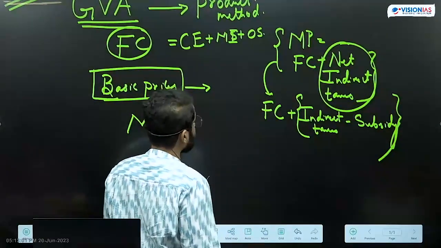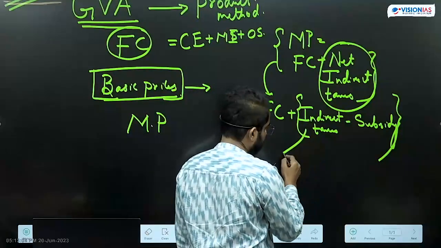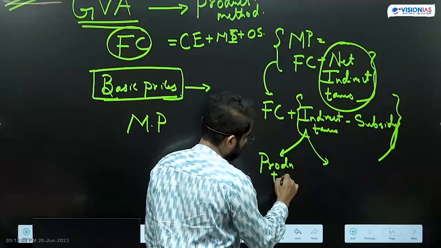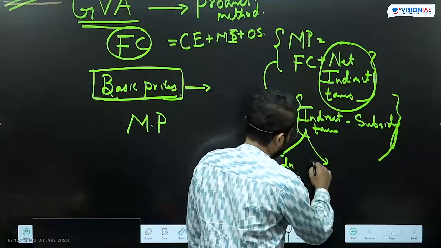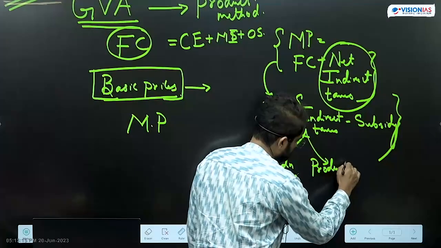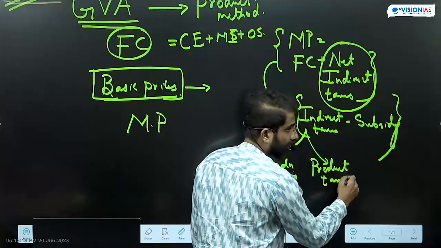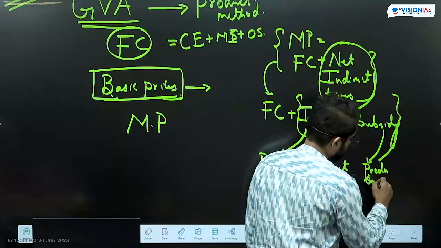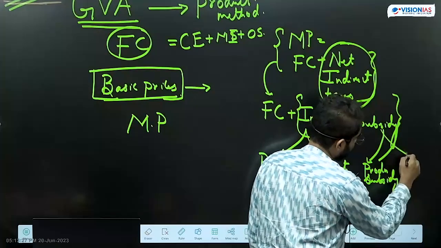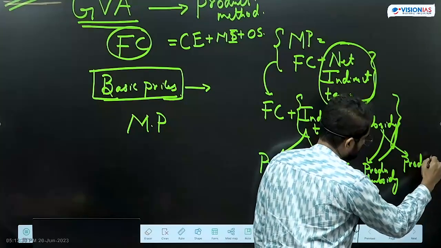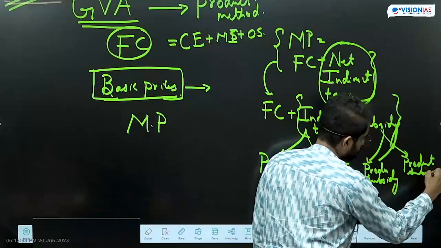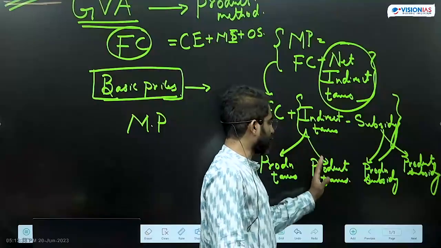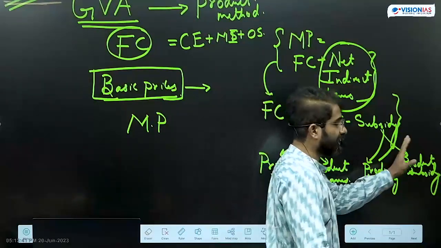Indirect taxes can be divided into two: one is production taxes, another is product taxes. Similarly, subsidies: one is production subsidy, and two, product subsidy.